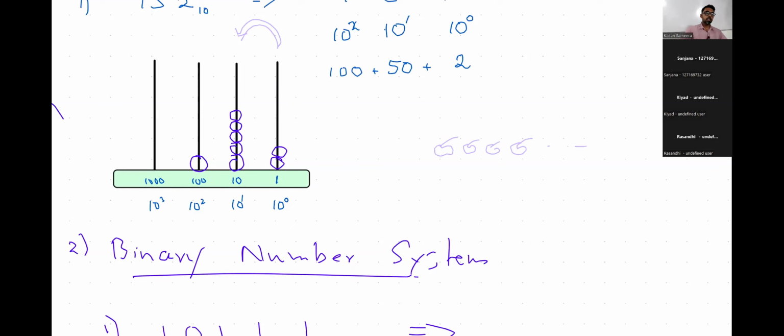When you fill 10 circles here, the actual value of 10 circles in this bar is 10 times 10, 100. Then you can remove all 10 circles and put it to the next position as one circle, because in this position, one circle represents 100, which is equal to 10 times here.